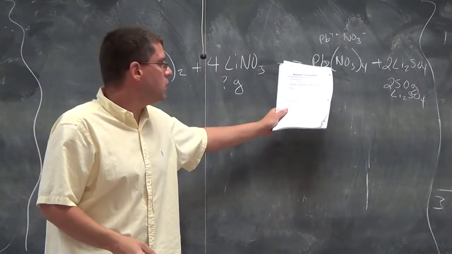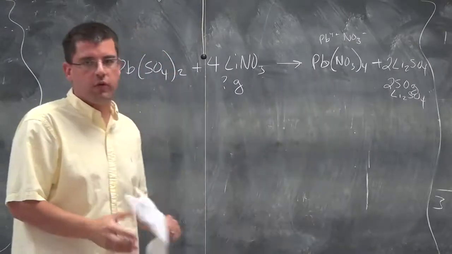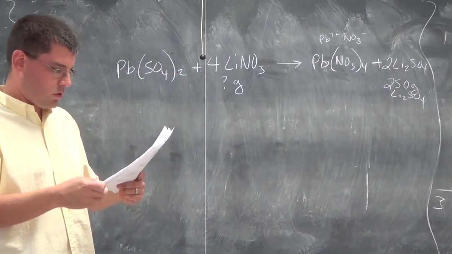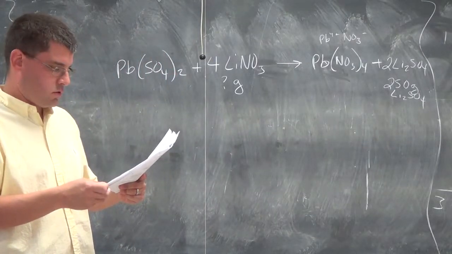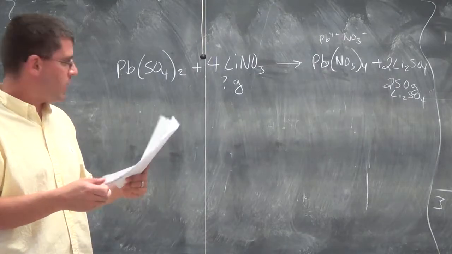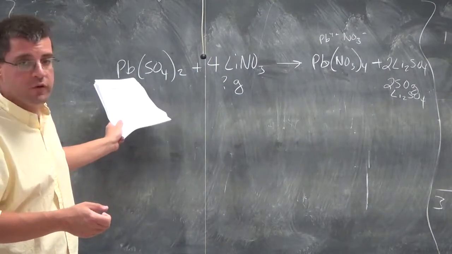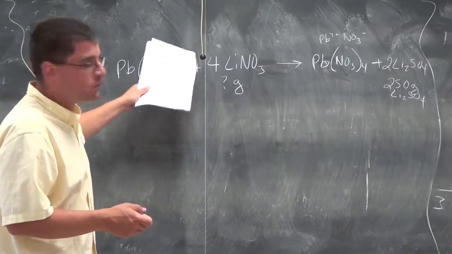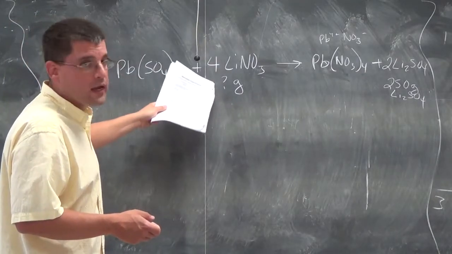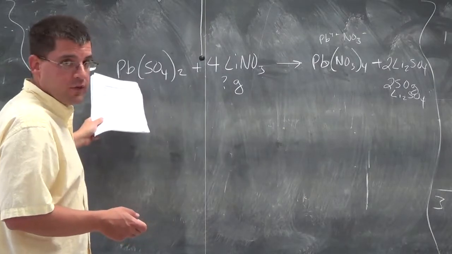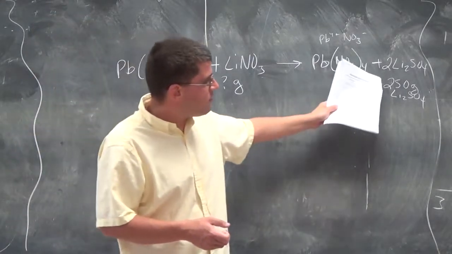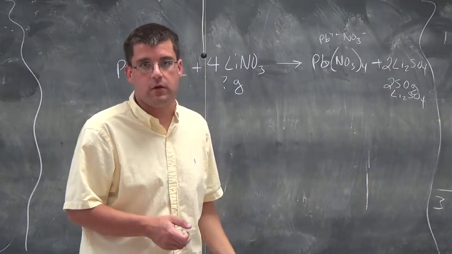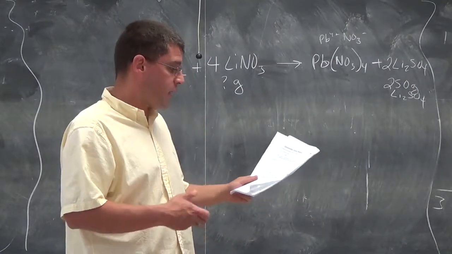You have enough lead 4 sulfate to do the reaction over here. So this will be in excess. How much of this do we need to add to an excessive amount of this to get that exact amount of lithium sulfate? Okay? So we need to do a calculation.